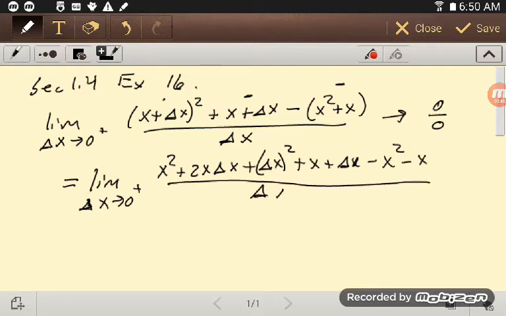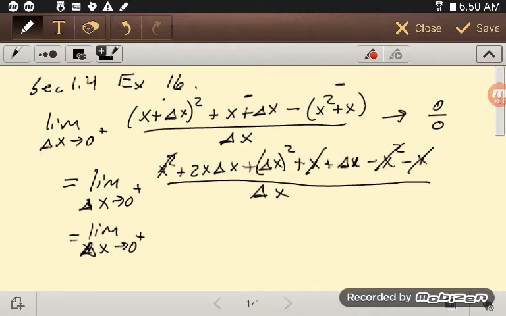all over delta x. So that's the limit as delta x goes to 0 from the right. Now, so I have an x squared here and a minus x squared there, and I have an x there and a minus x there, so I get only terms now.